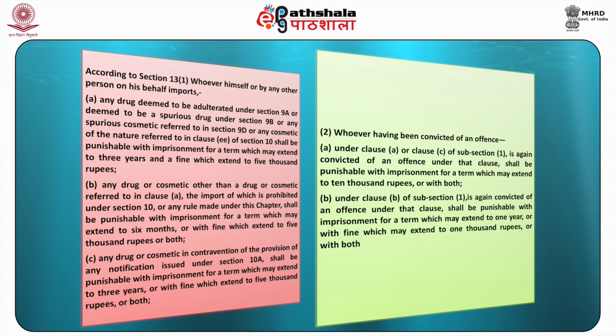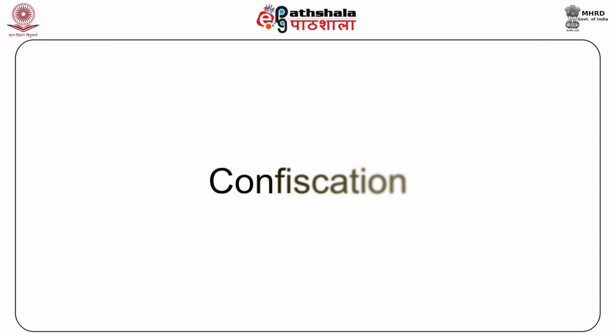And whoever, having been convicted under clause B of subsection 1, is again convicted of an offence under that clause shall be punishable with imprisonment for a term which may extend to 1 year or with fine which may extend to 1,000 rupees or with both. Confiscation.